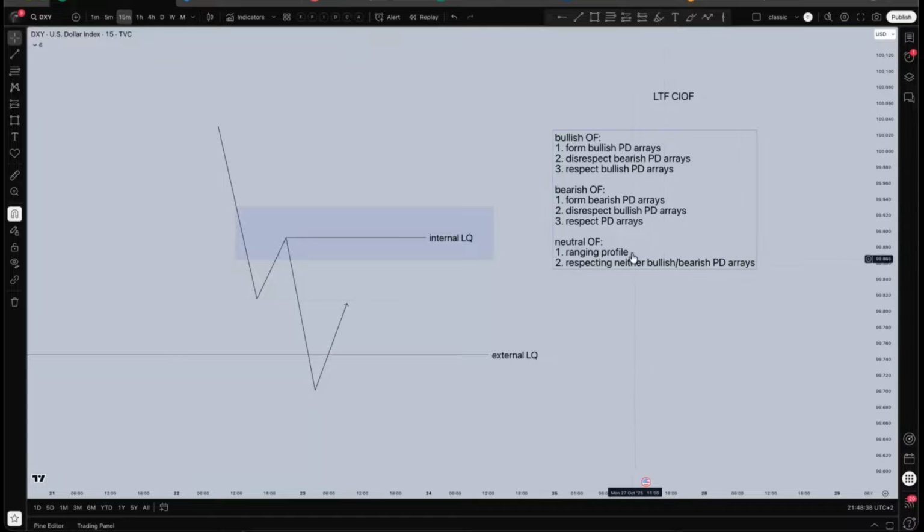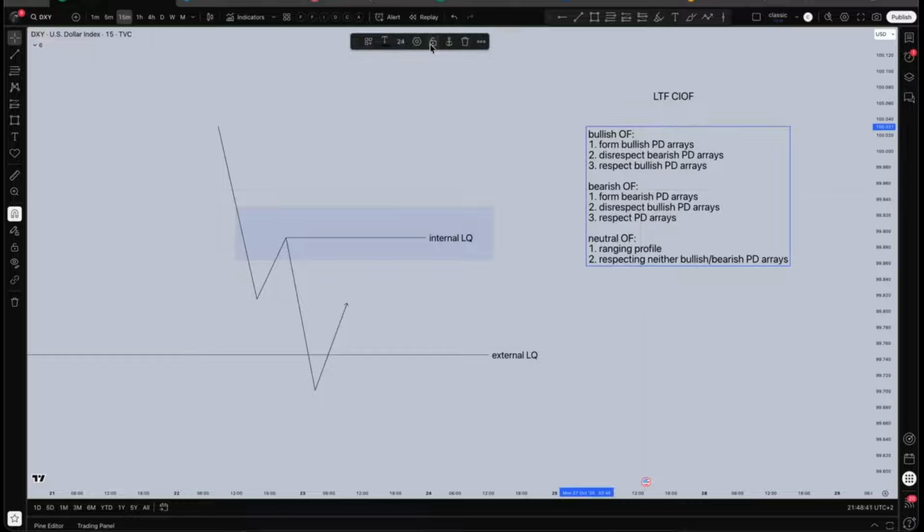And that is now the foundation, what you have to understand if we want to determine what current state of order flow we are trading inside.